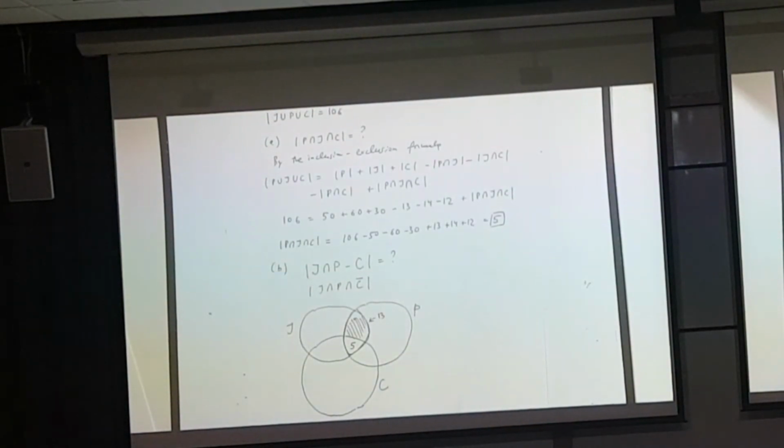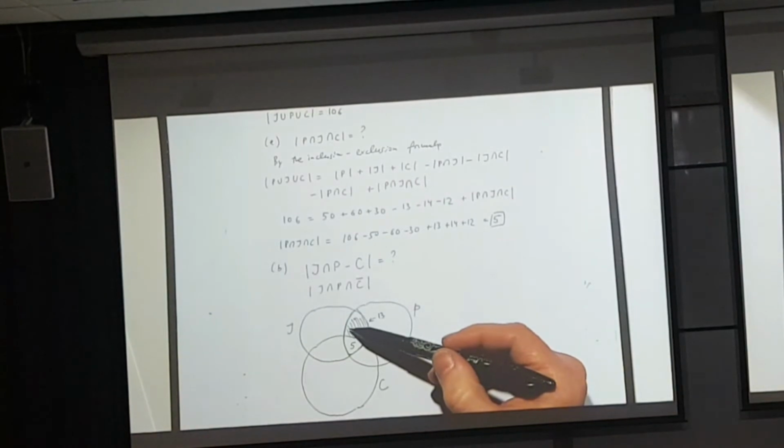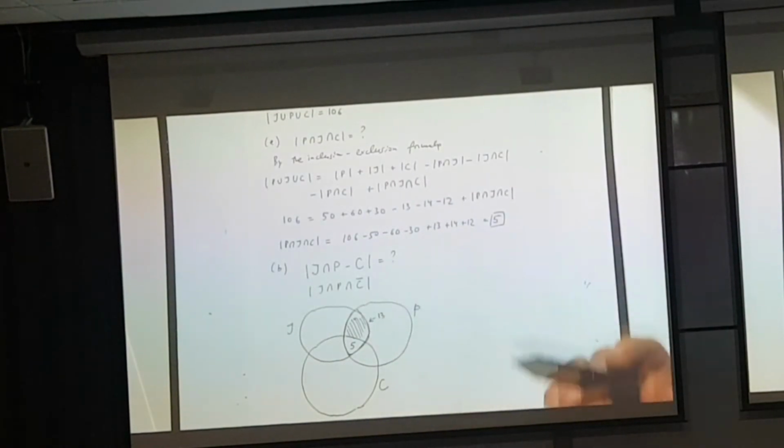So we know that the number of elements in the shaded area should be 13 minus 5. So it just follows from the picture when you identify what you know in it, right?